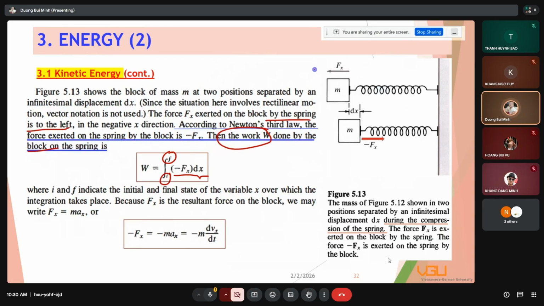It is to the left, in the negative x direction. So here is y, and here is x, and this is the origin.